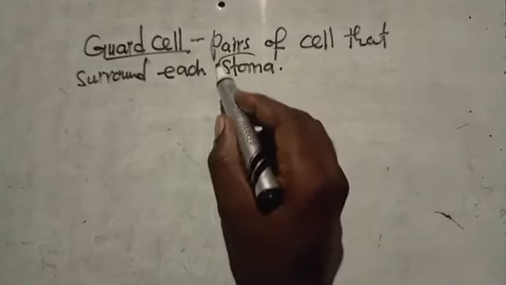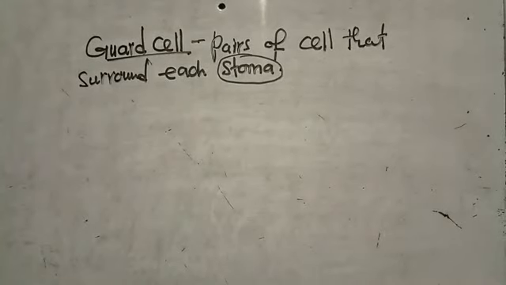Maybe someone doesn't know what a stoma is. Whenever we are talking about a stoma, it's more like an opening. Have you seen? It's the best thing that I can use. If I was to use my own words, I would say this is more like an opening. So we just call it an opening.